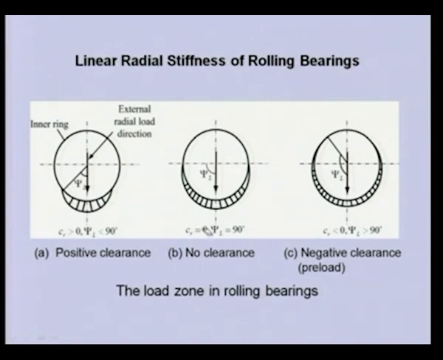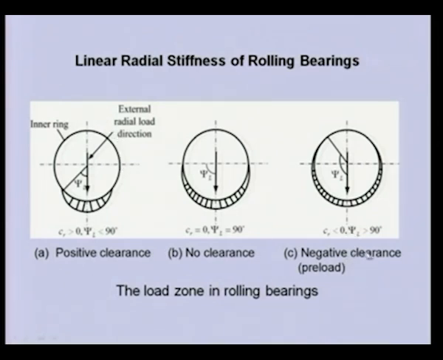If there is no clearance, then this load zone is 90 degrees, that means total 180 degrees. Here whatever rolling elements are there, they will take part in the load. They will be free, they will not take any load. Here also the rolling elements which are here will not take any load.